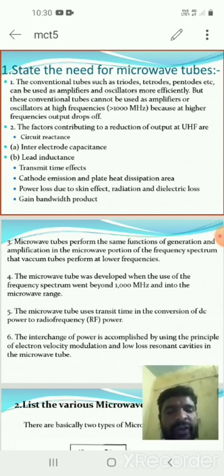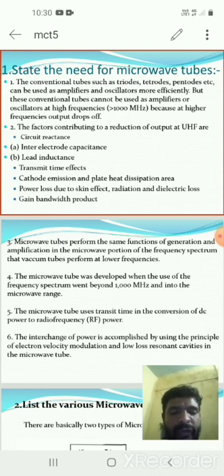Microwave tubes perform the same functions of generation and amplification in the microwave portion of the frequency spectrum that vacuum tubes perform at low frequencies.